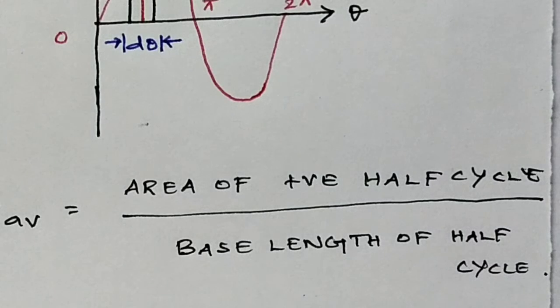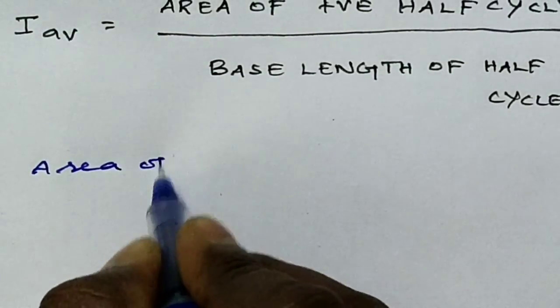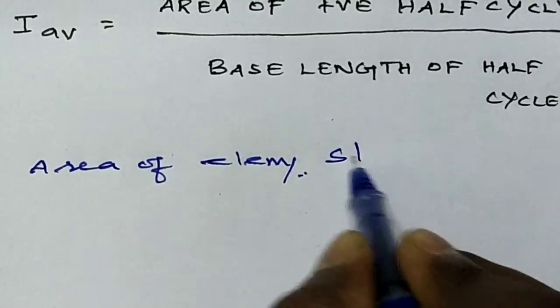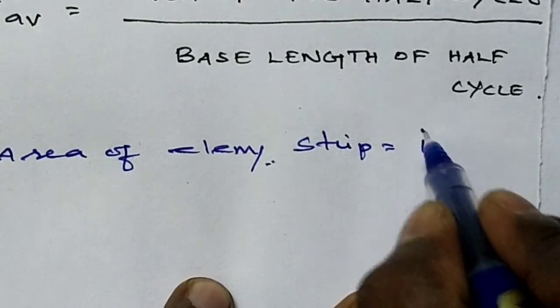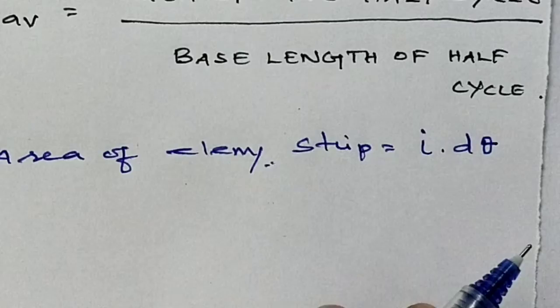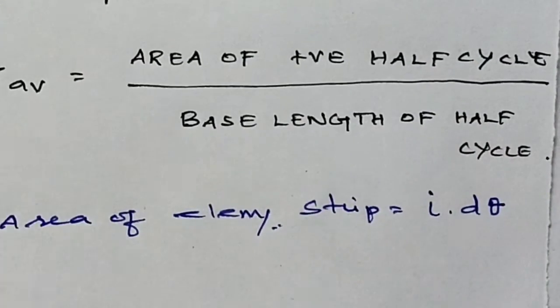Now we can find the area of the elementary strip. The area of the elementary strip is I d theta, where d theta is the thickness of the strip and I is its mid-ordinate.